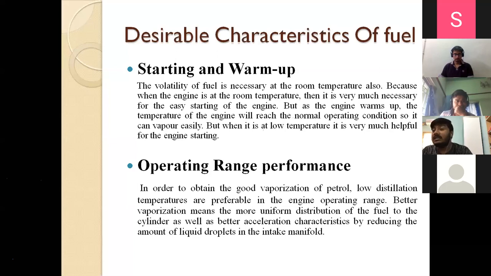That means the engine fuel must have the volatility to make the mixture so that it can run smoothly in Darjeeling as well as in Boichi. Clear? Okay. So it must have an operating range so that it can be easily volatile and easily run the engine smoothly at different variations of temperature.